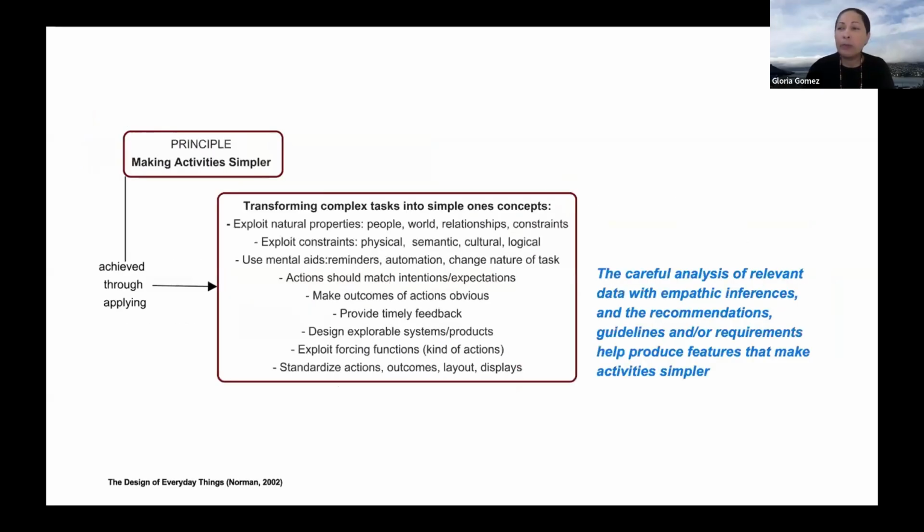The 7 principles help understanding and reducing complexity during the feature implementation. Informed by guidelines and requirements resulting from the empathic analysis, they help decide how to structure actions and operations to meet design expectations. They invite to exploit, capitalize on natural properties and constraints, use mental aids, provide timely feedback, design explorable systems, or standardize elements if needed.